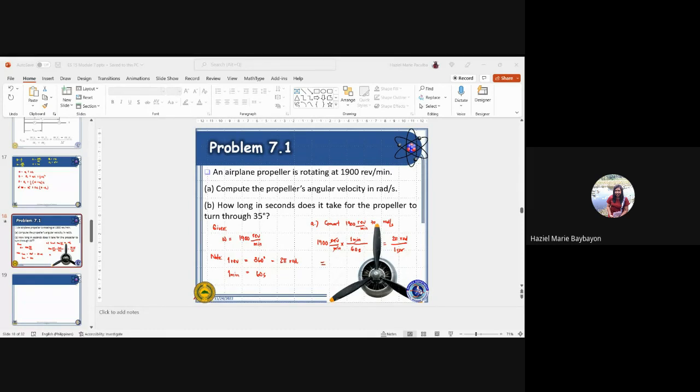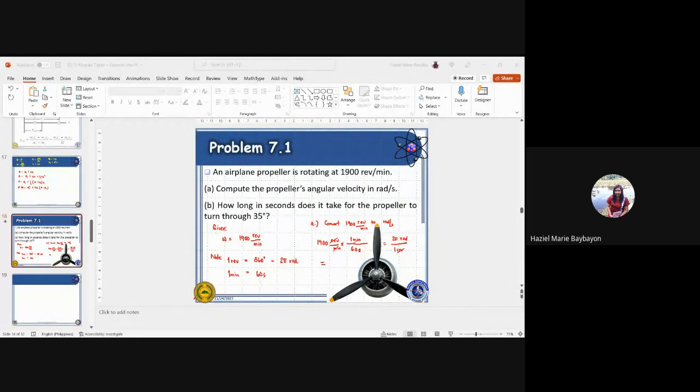Do you have your calculators with you? 1,900 times 2 times pi, divided by 60.